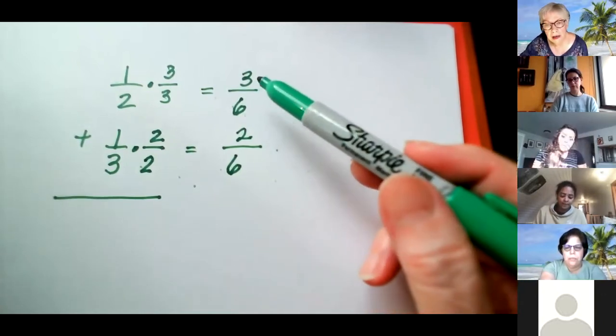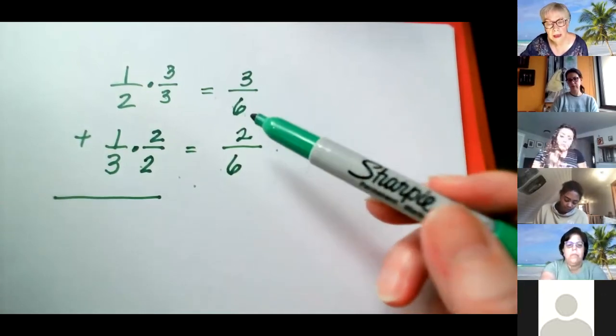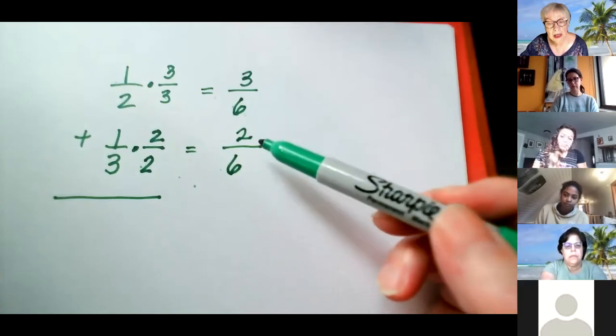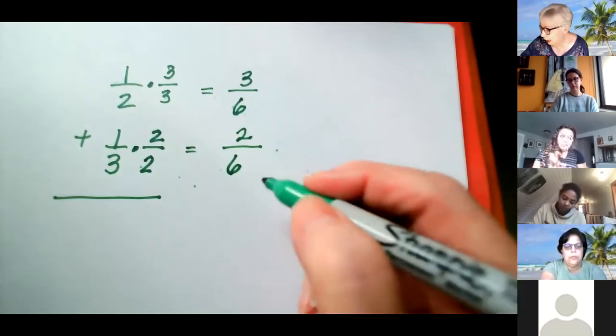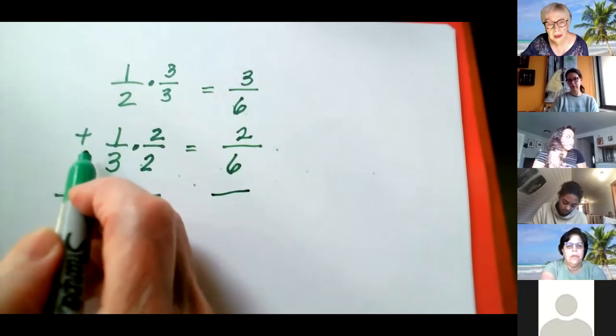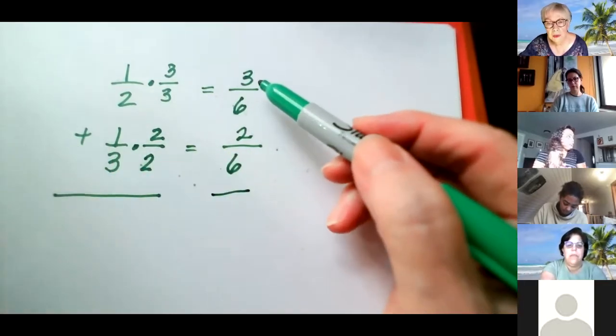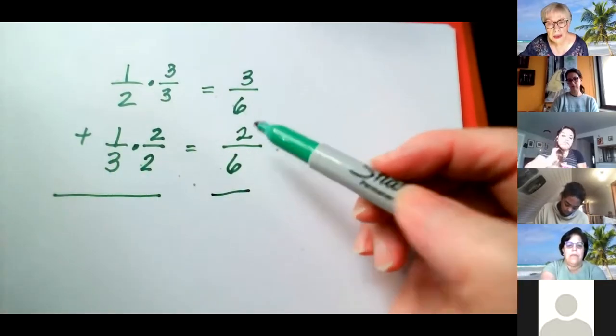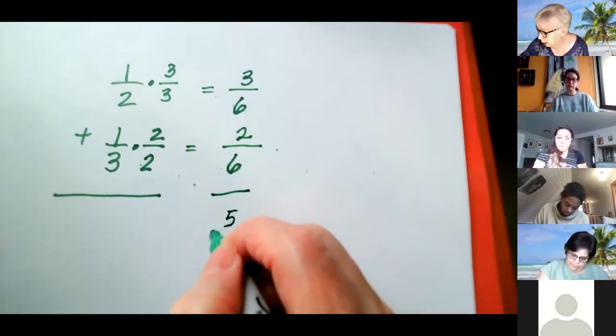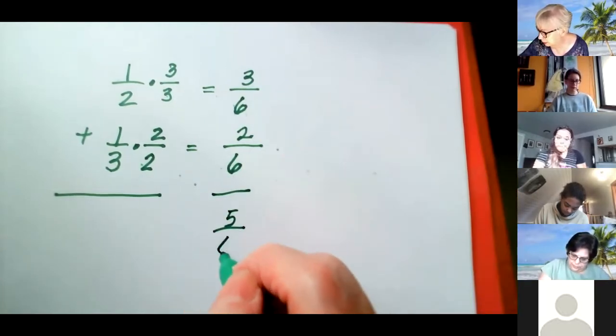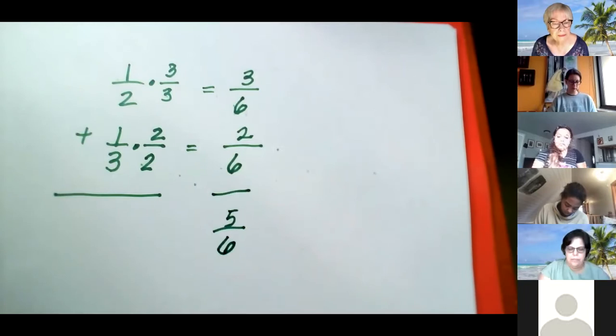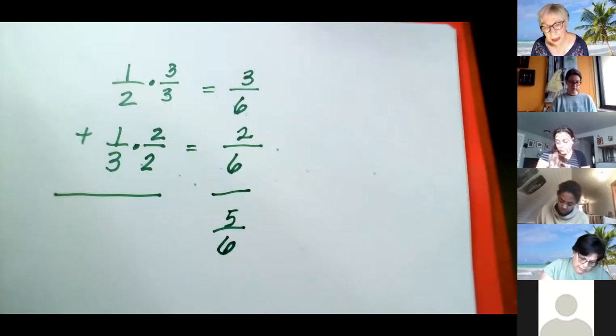So this one's going to have 3 out of 6, 3/6. This one's got 2. And so now I can clearly add them. You add the numerators, 3 and 2 is 5, and it's in 6. Hopefully, even without a lot of explanation, that sort of clicks.